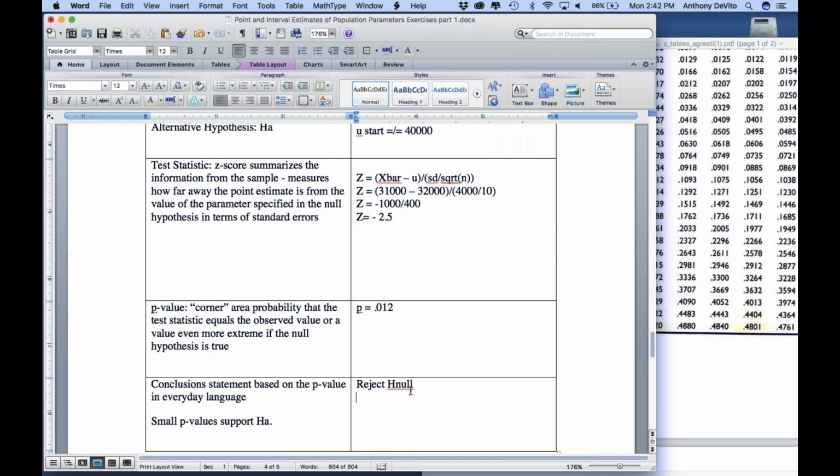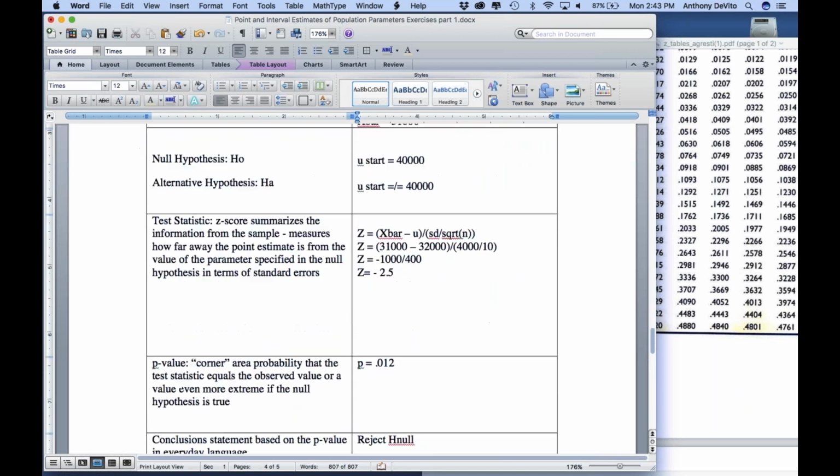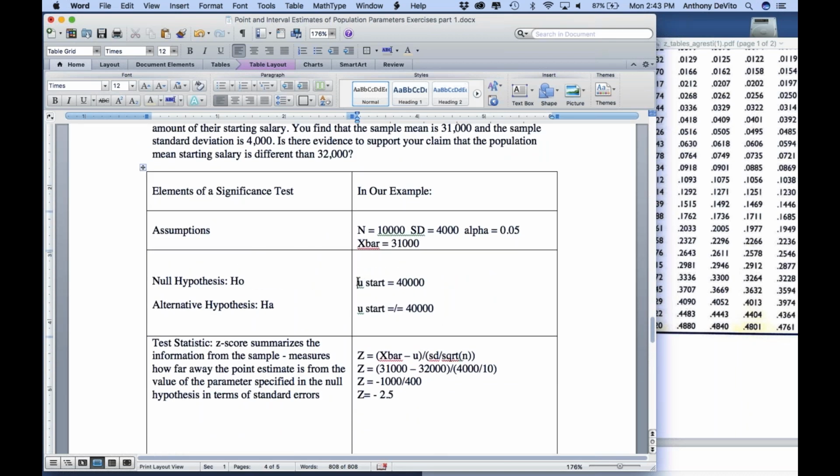And once I reject my null hypothesis, what's the next thing I can say? I can say I accept my alternative hypothesis. Right? What does that mean? I reject the idea of the null hypothesis that the starting salary is 32,000, and I accept the alternative hypothesis that it's not equal to 32,000.